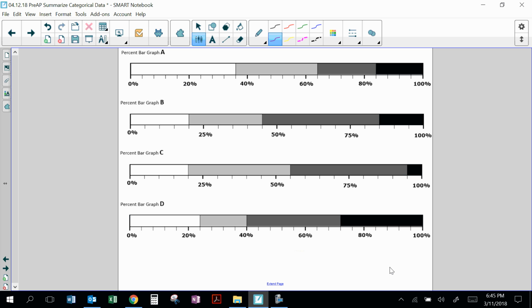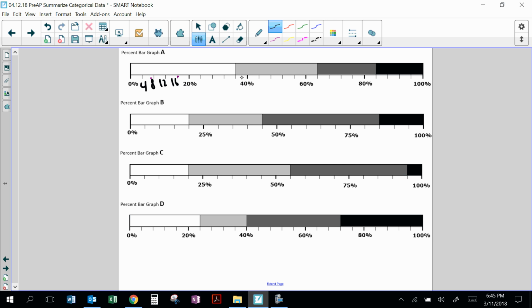One of these shows 24%. Let's see. This is going by fives, 5, 10, 15, 20. No, is it going by 1, 2, 3, 4, 5? I think there's 5 bars, 20%. I think it's going by fours. 4, 8, 12, 16.